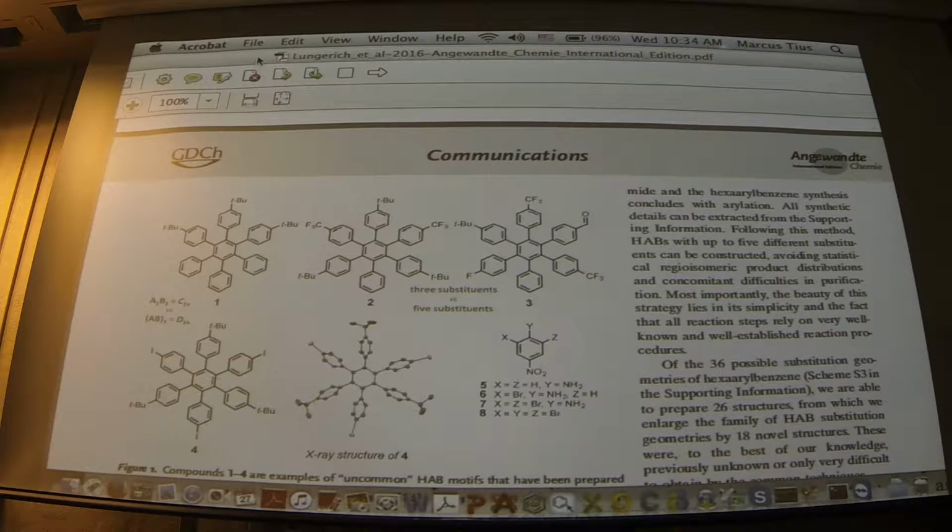Now, a random synthesis of a compound like this is not going to give you anything useful because, if you have a central benzene ring right there, and then you have 6 substituents surrounding it, unless those 6 substituents are introduced in the right order, you're going to end up with a god-awful mix.